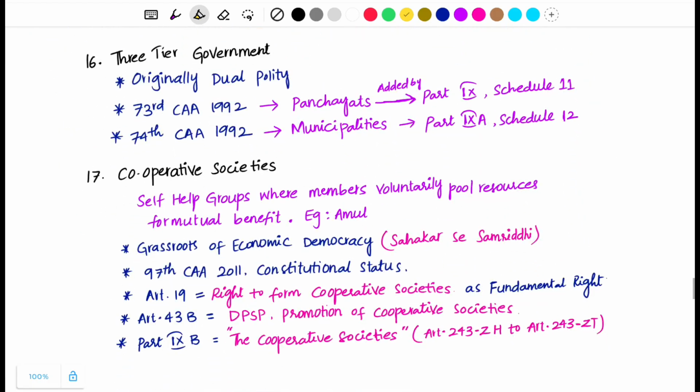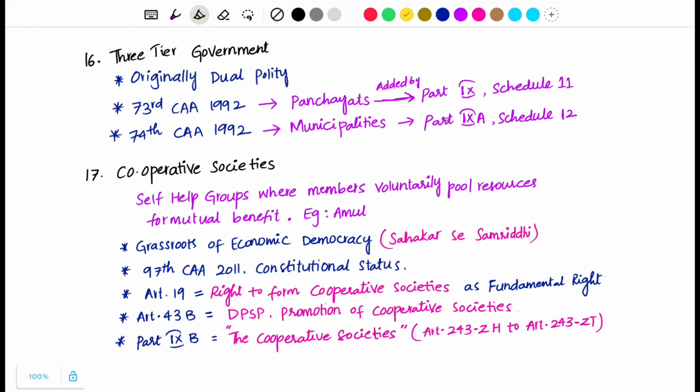Let's look into the 16th feature, three-tier government. Originally there was only mention of the dual polity, the center and the state, but later a three-tier government system was made. The 73rd Constitutional Amendment Act 1992 was made.